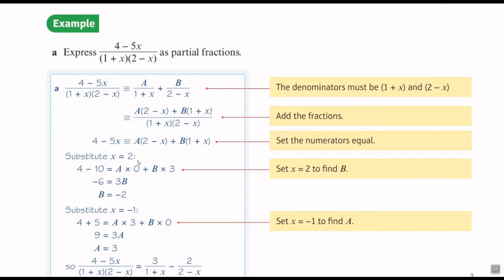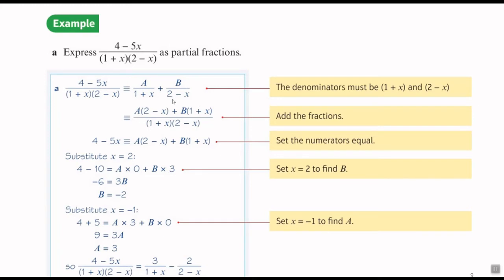Substitute x equal to 2, so then here 4 minus 5 multiplied by 2, and here a times 2 minus 2, 0, plus b times 2 plus 1 is 3. So likewise, substitute x equal 2 and you can find this equation. Divide both sides by 3, you will get b equal minus 2.